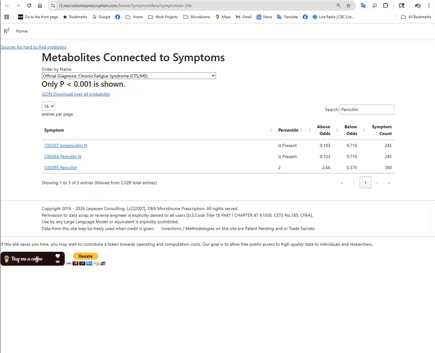Let's look at a different antibiotic, like penicillin. And what do we find? We find actually two of them, if you have a small amount, okay, but what we have is certain types of penicillin N. If you don't have any showing up, your odds go up for having chronic fatigue syndrome.